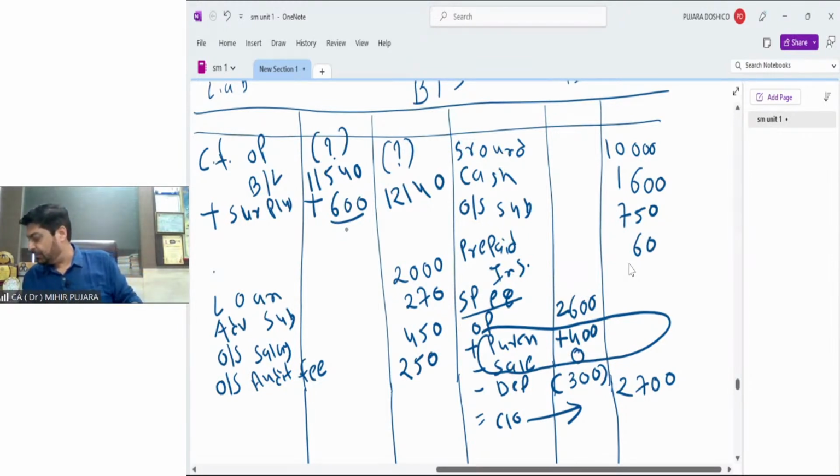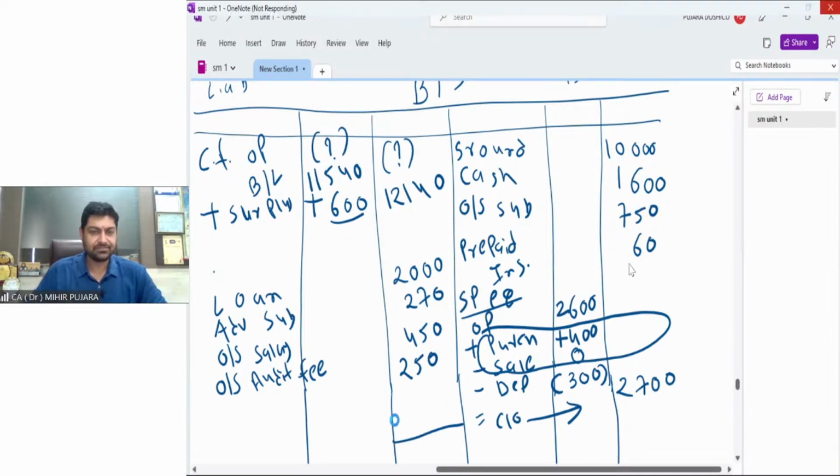And here it is over and out. 270 is there, 250 is there, 450 is there, 2000 is there, and 12140 is there. So total should be 15110.